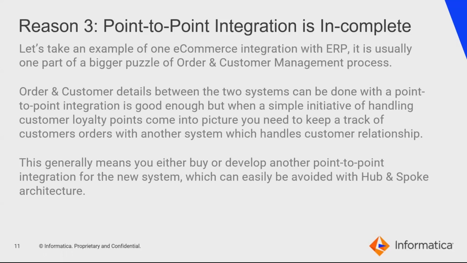Now, this generally means you either buy or develop another point-to-point integration, because now you need to integrate the customer loyalty points with the customer relationship system. Now you can do that, but this overall mechanism of keep creating point-to-point integrations could have been avoided if hub and spoke architecture was implemented.